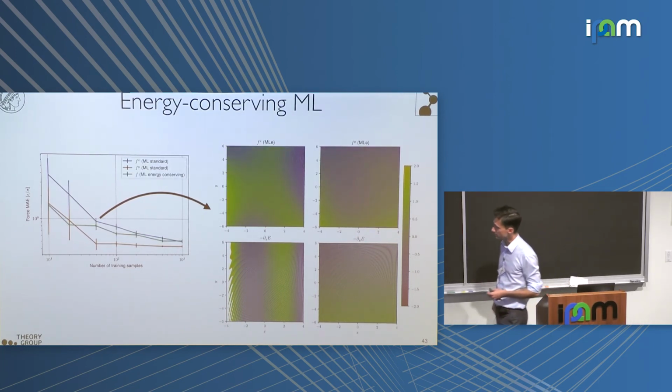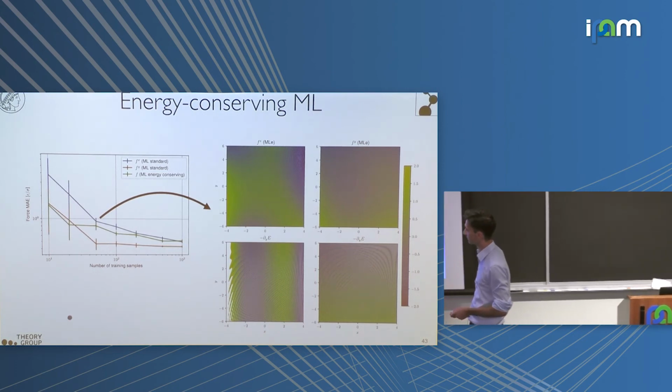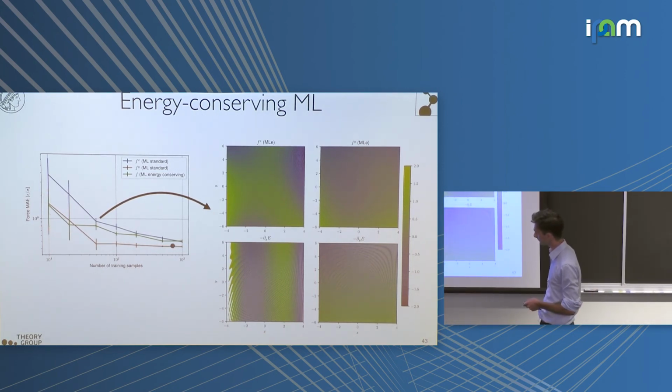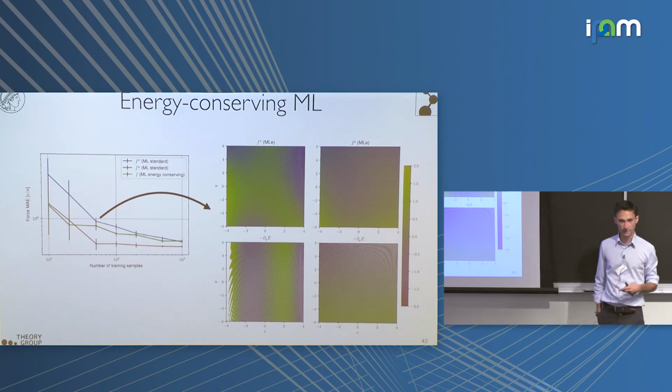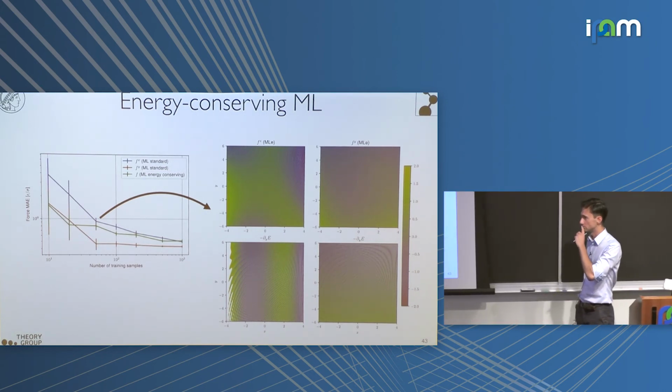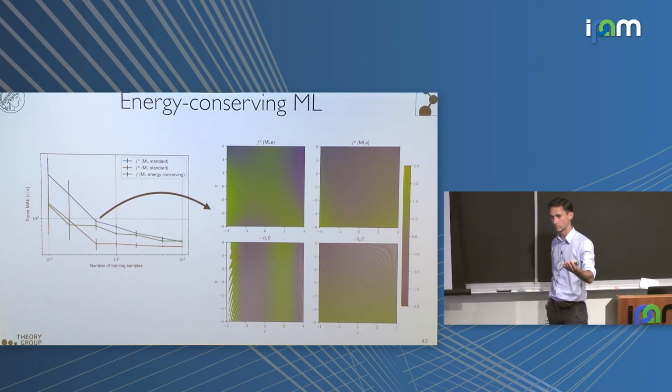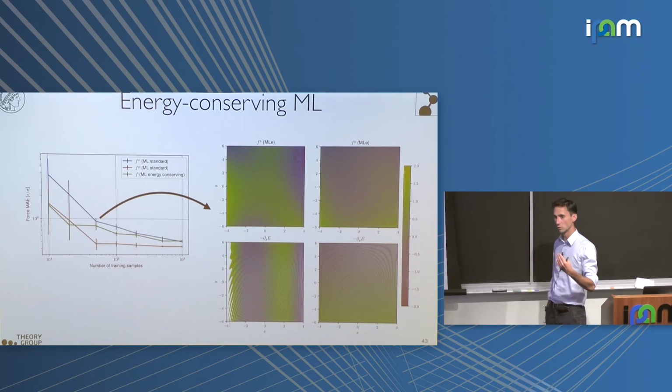If I compare with the energy conserving force field, it ends up here. Asymptotically, it gives you about the same behavior, and I think it has to do with the fact that in the end, you're using the same representation, the same type of functional form for the kernel, and so at large enough data, you will get the same behavior.